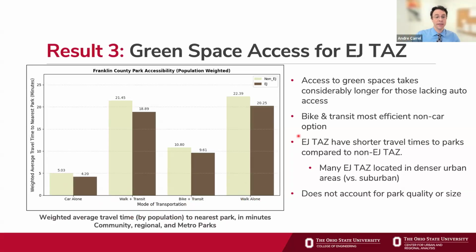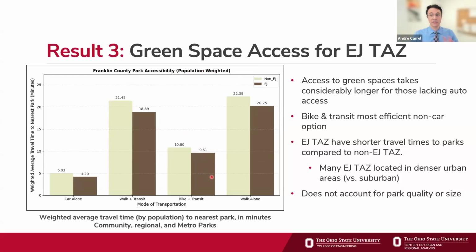Now, a few remarks on this. The first is that access to green spaces, you can clearly see the penalty of lacking auto access, right? With a car, we're generally around 5 minutes or less to the nearest park. Whereas without a car, we're typically looking at roughly double that time, if not even significantly more.